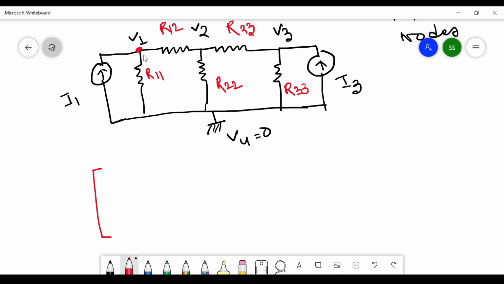For this one, the single resistance connected is R11, and from this one to this one we have R12. So the first element of the matrix will be G11 plus G12. This is, we can say, the self resistance.